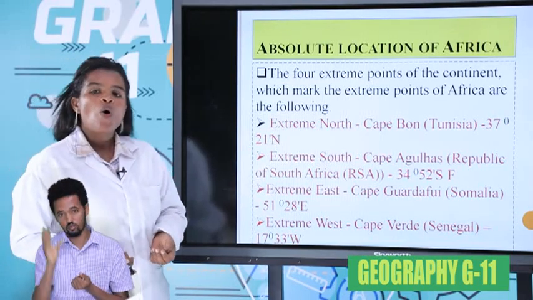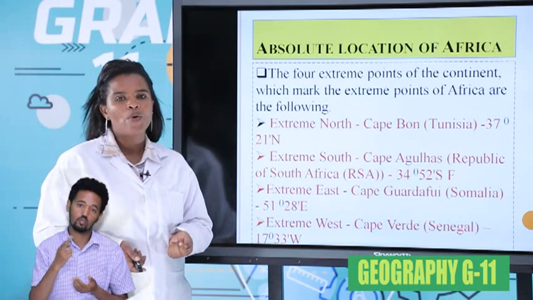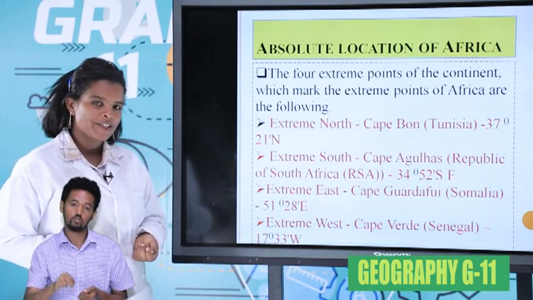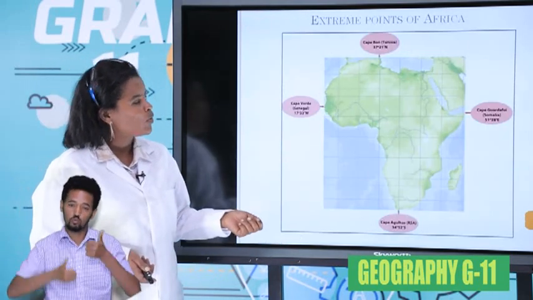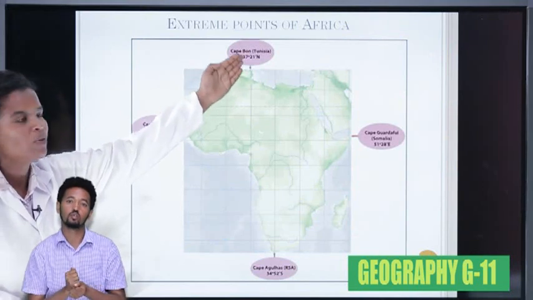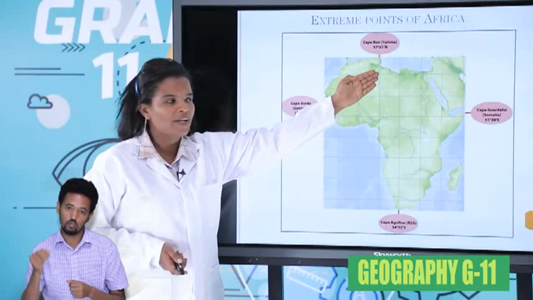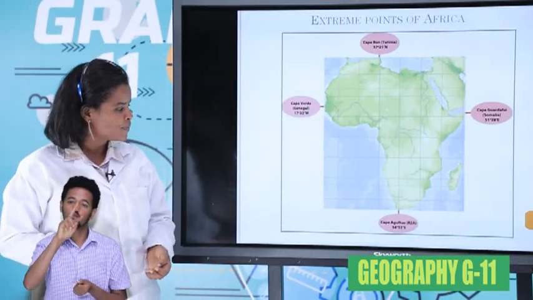Africa has 4 extreme points. These are the north extreme point, the south extreme point, the east and the west extreme points. Cape Bon, found in Tunisia, is located in the northern extreme point of Africa at 37 degrees 21 minutes north.